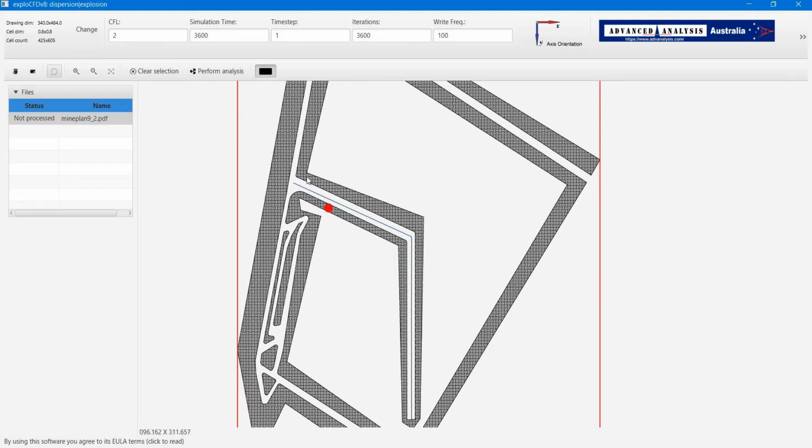If a portion of that gas cloud is above the lower flammability limit and below the upper flammability limit and collects in this region here, well, this is where ignition sources exist, and so that gas cloud can then ignite and cause a gas explosion.